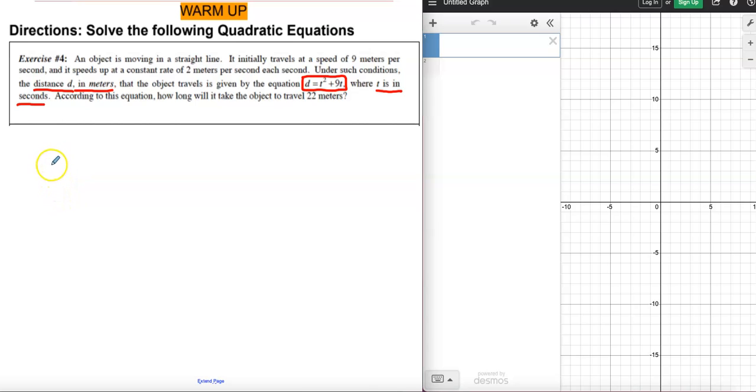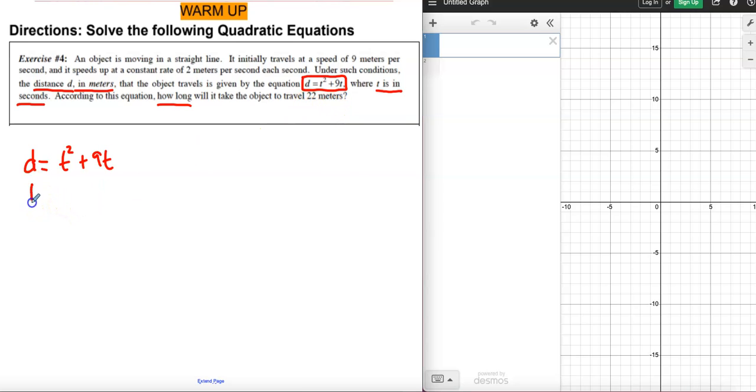And so here we can see that the distance in this equation is equal to the time squared plus 9 times the time. They want us to find how long it will take the object to travel 22 meters.